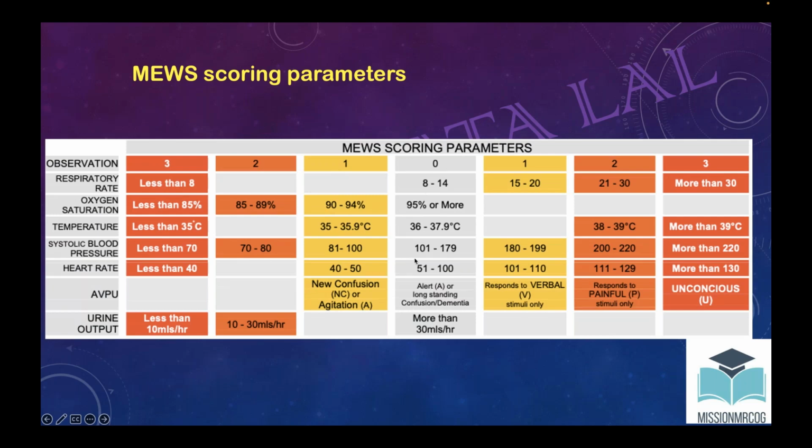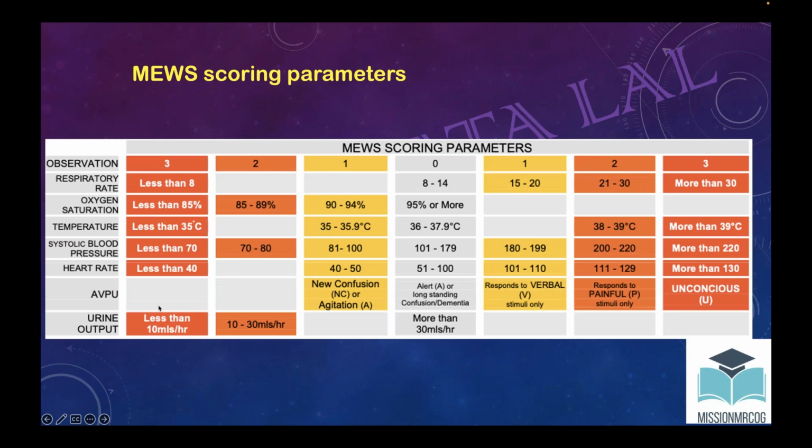Now these are the criteria where the score will be given 1. This is yellow, and for yellow they are giving score 1. And this is amber in color. Any parameter lying in amber color, they are giving the score 2. And any parameter lying in red color, they will give the score 3.